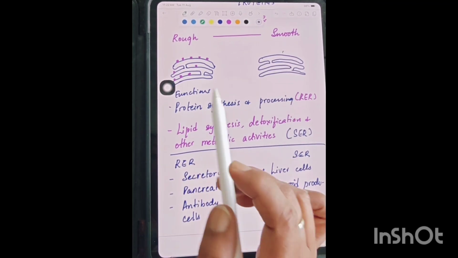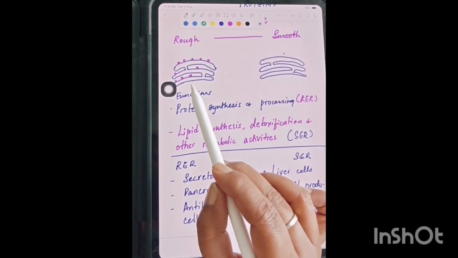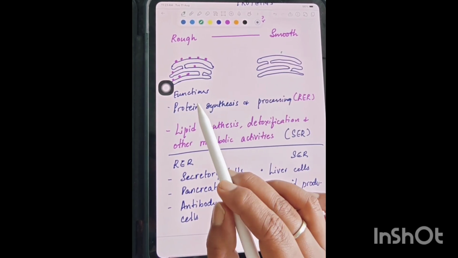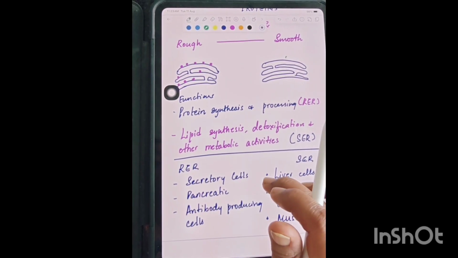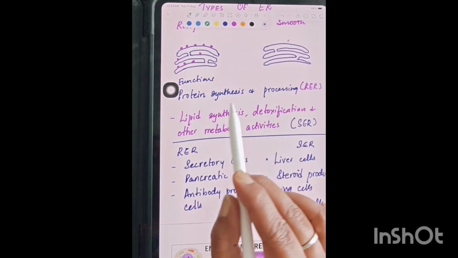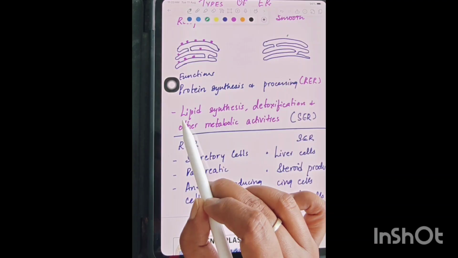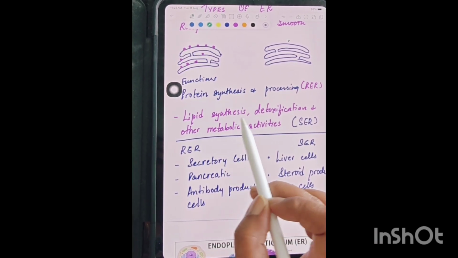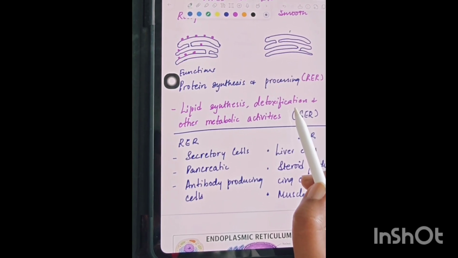Functionally, as ribosomes are present in the rough type, its main function is protein synthesis and processing of the proteins. While the smooth endoplasmic reticulum has no ribosomes attached, its function is different: synthesis of lipid molecules and detoxification.